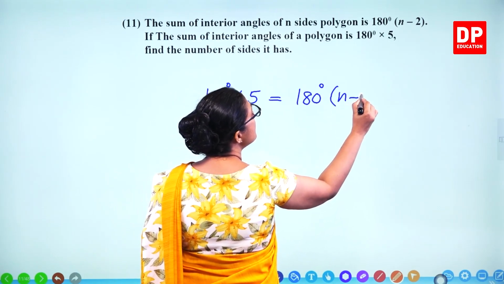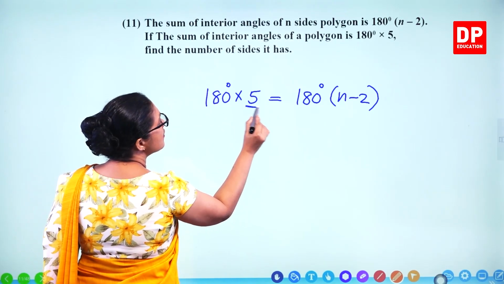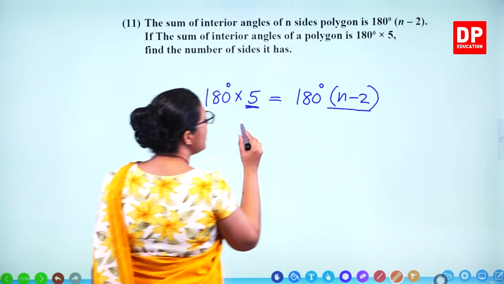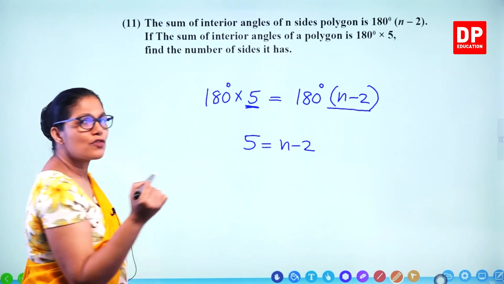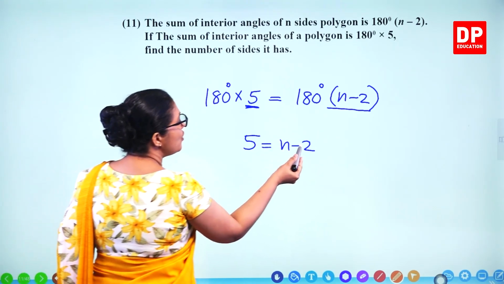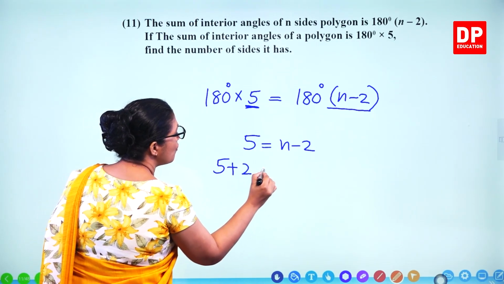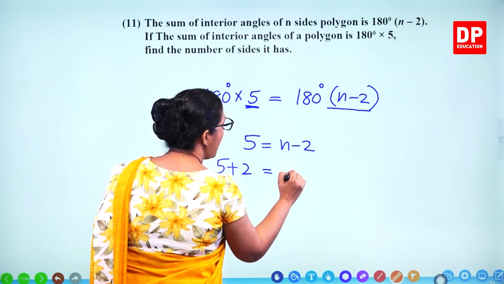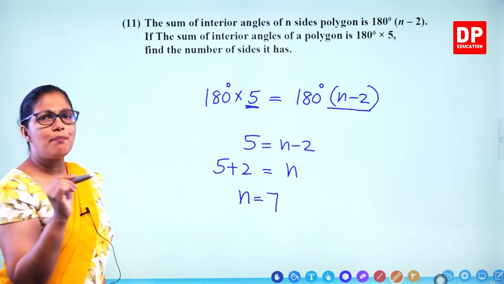So that means 5 should be equal to n minus 2. So what's the n value? When you take minus 2 to this side, it becomes plus 2. 5 plus 2 equals n. So n becomes 7, a 7-sided polygon.